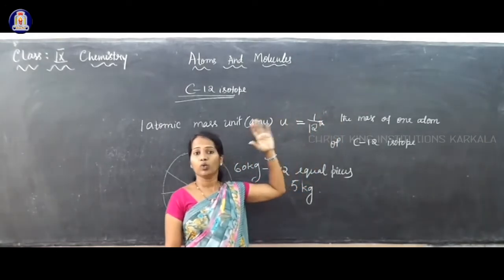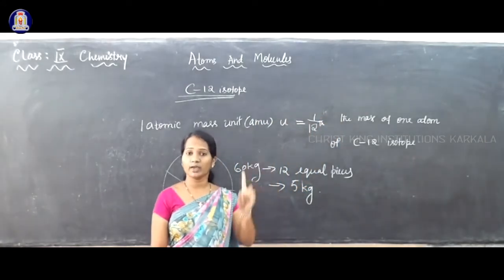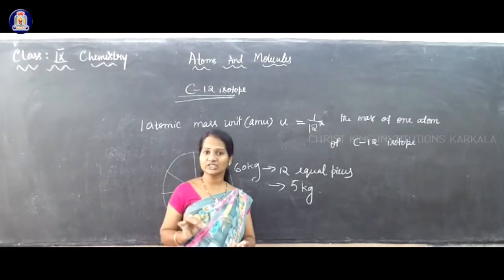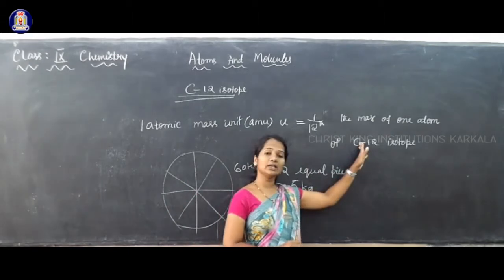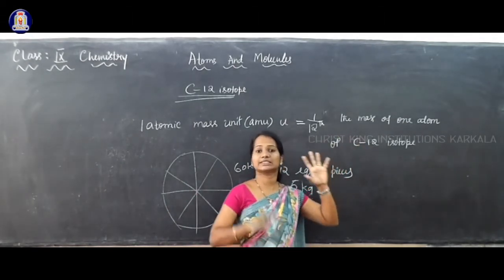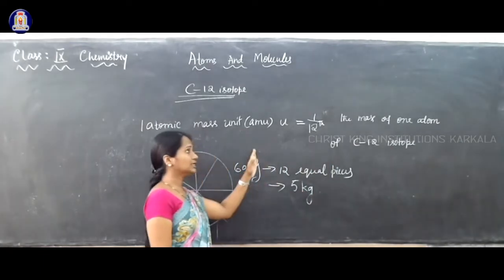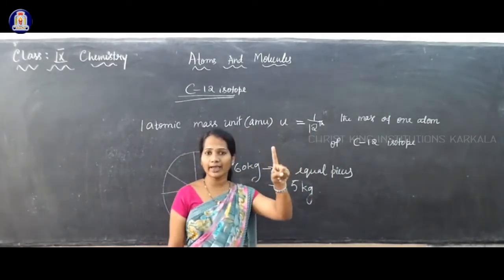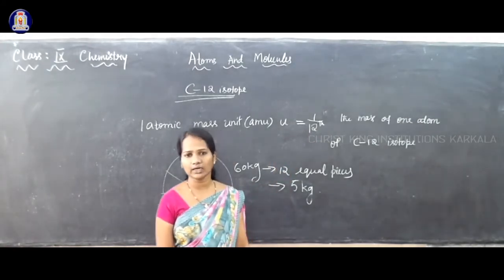So, to measure the mass of each atom, the carbon 12 isotope was used as the standard unit. It is 1 by 12 the mass of one atom of the carbon 12 isotope.